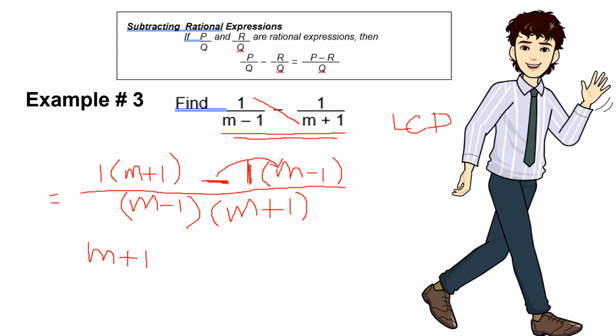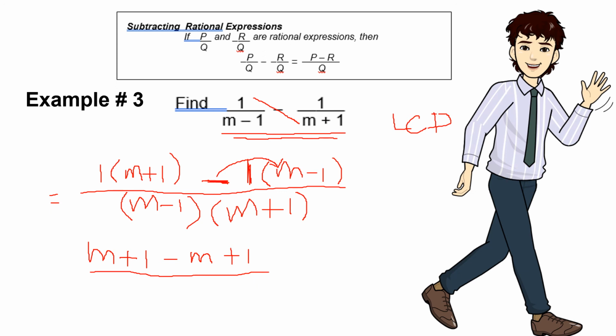Yan. So, kasama yung 1, we have negative 1 times m is negative m. Then negative 1 times negative 1, the answer is positive 1. Again, positive 1 siya kasi negative times negative is positive.